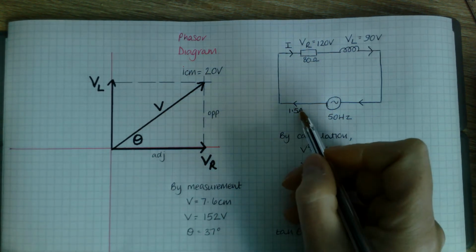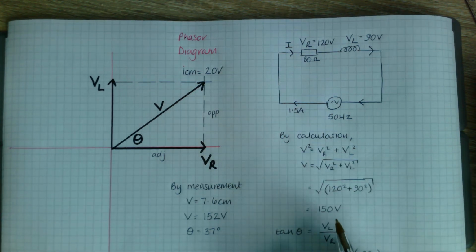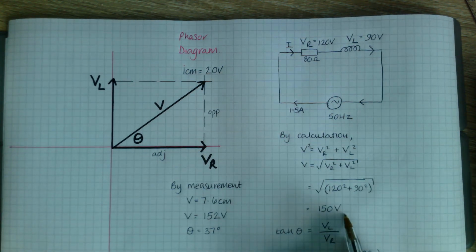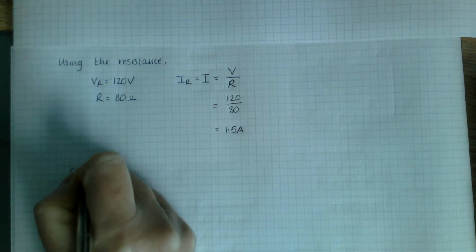If I know that that's the supply current, 1.5 amps, and I've got my supply voltage, 150 volts, I can now get my circuit impedance.